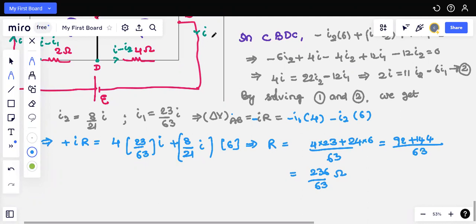Okay. This is the way to find the resistance of an unbalanced Wheatstone bridge. Follow, yara? Any doubt? Okay. This is how, by using Kirchhoff's laws, to find the effective resistance in the unbalanced Wheatstone bridge.